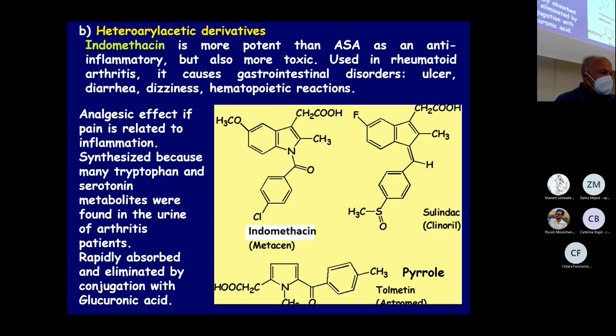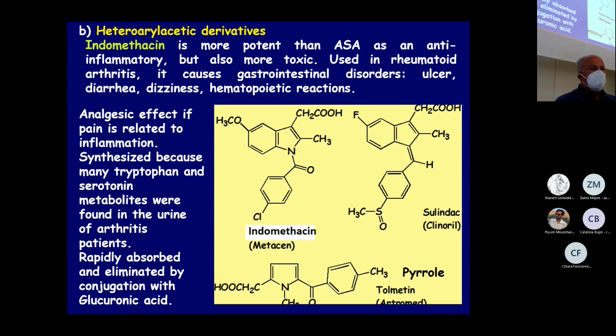We have seen aryl acetic acid derivatives. The prototype, the most important, is diclofenac. And now we have the hetero-aryl acetic derivatives. Hetero means heterocycle. Instead of a benzene ring on the acetic acid residue.